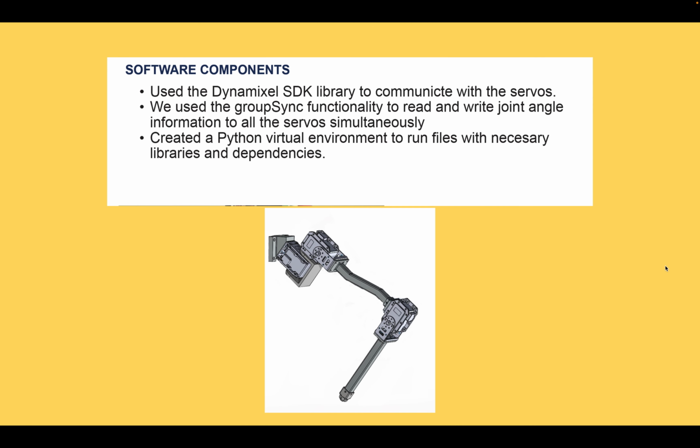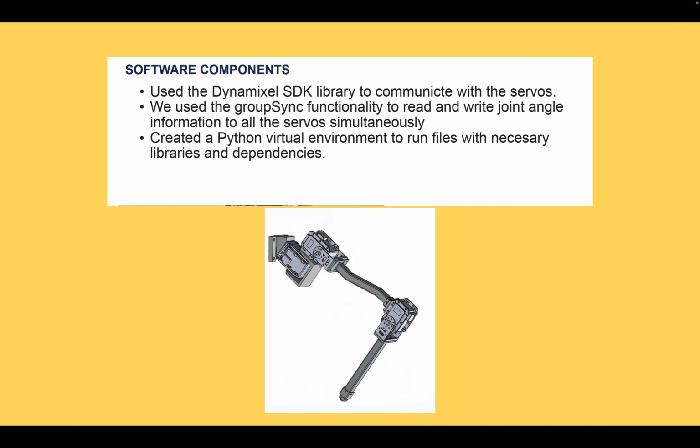So some of the software components, I used the Python Dynamixel SDK library to communicate with the servos. The group sync functionality is what allowed us to read and write the joint angle information. And I created a Python virtual environment to run all these files.